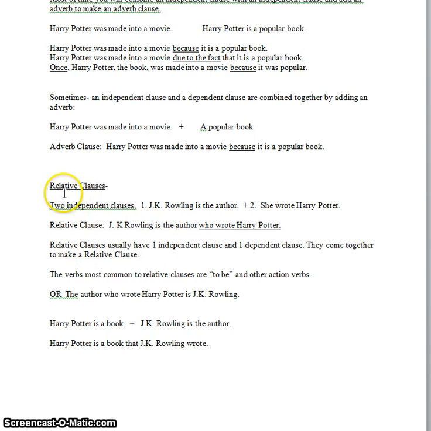For example, if I want to make a relative clause that's like this, but in a different way, I could say this. The author who wrote Harry Potter is J.K. Rowling. Or, J.K. Rowling is the author who wrote Harry Potter. Both have the same meaning.